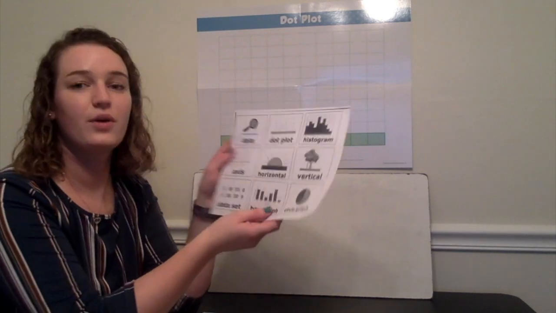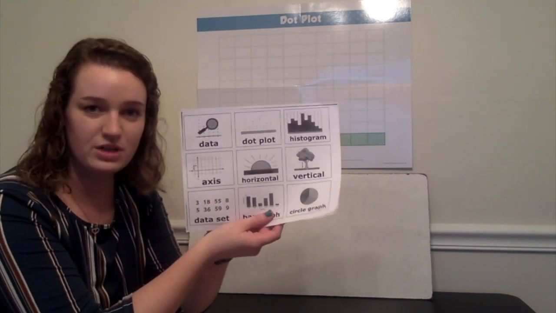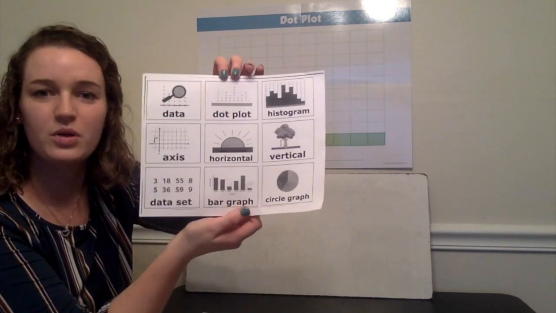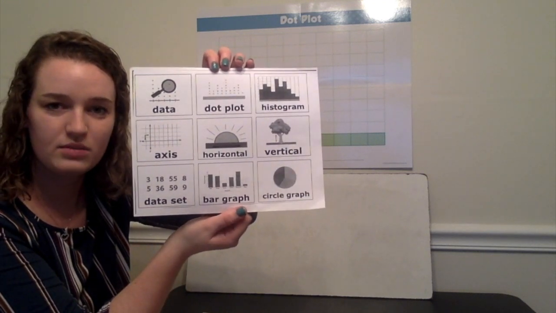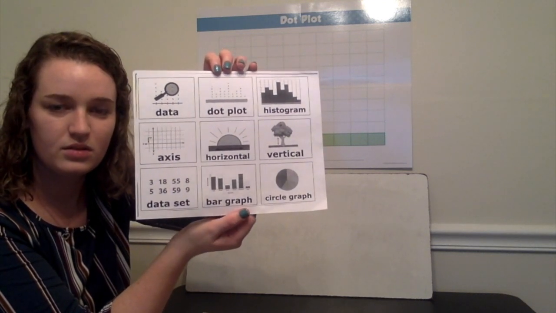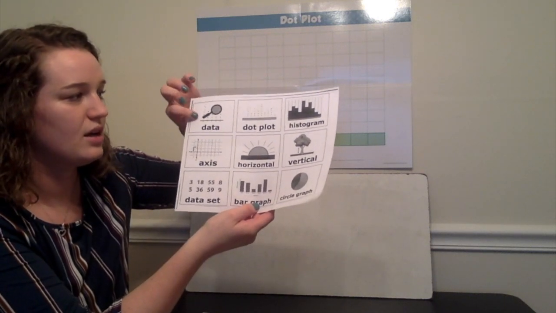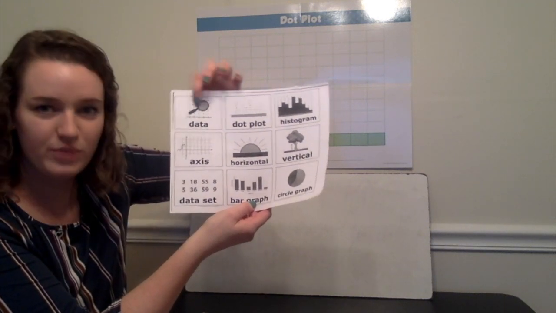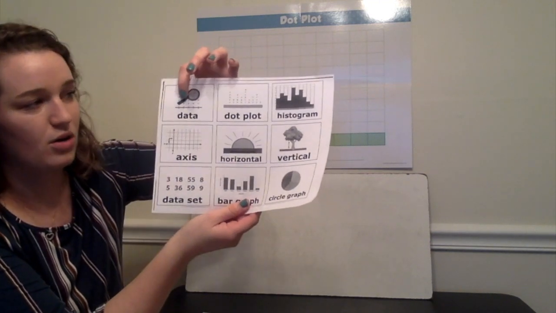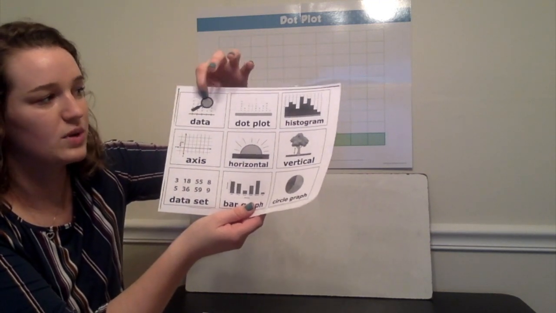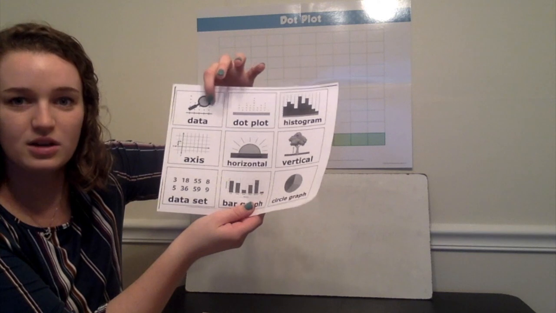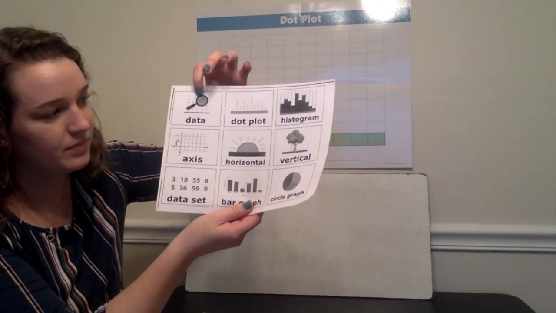So first we're gonna go over this vocabulary sheet for the unit. So go ahead and pull this out. It should have all these words on it. All right, so the first word here is data. Data is all of the information that goes onto our graph right here. So here they're pointing at all of the dots on here is our data, right?